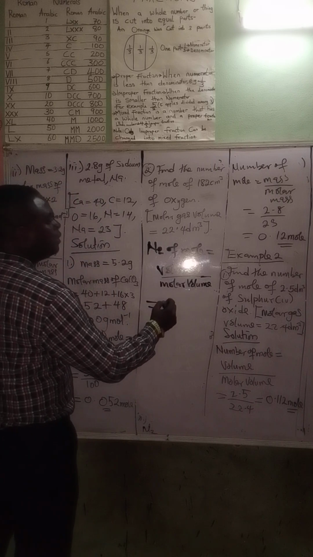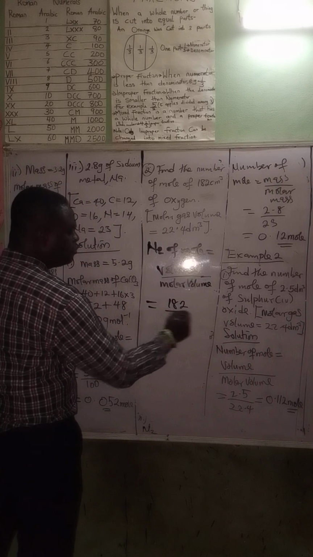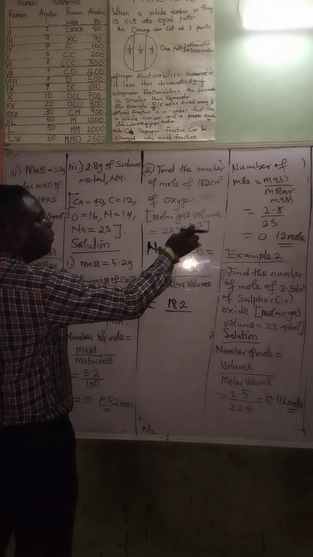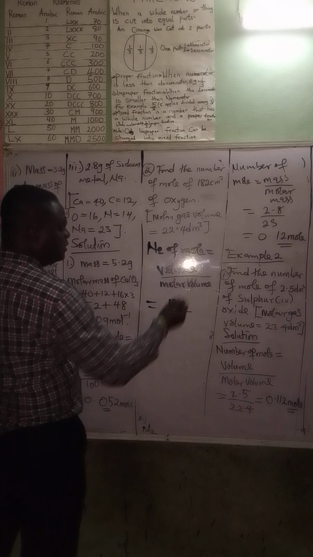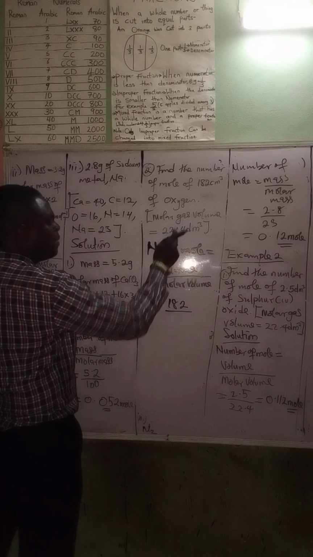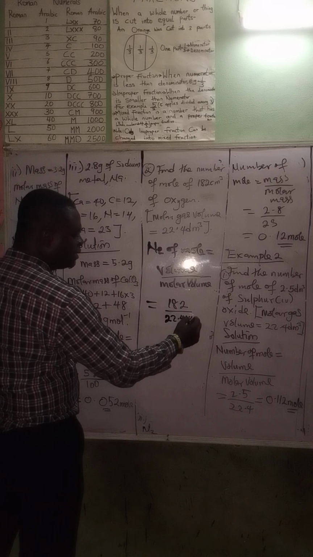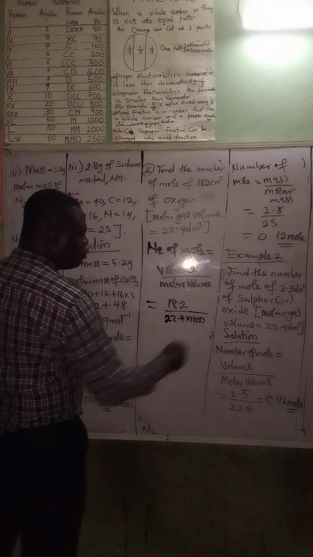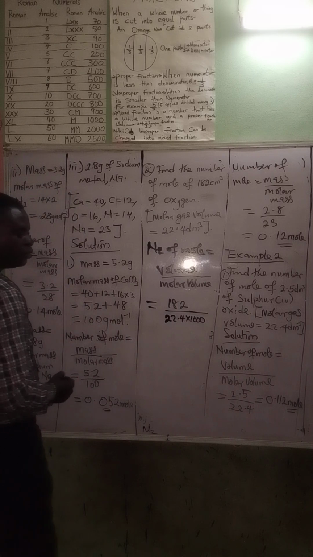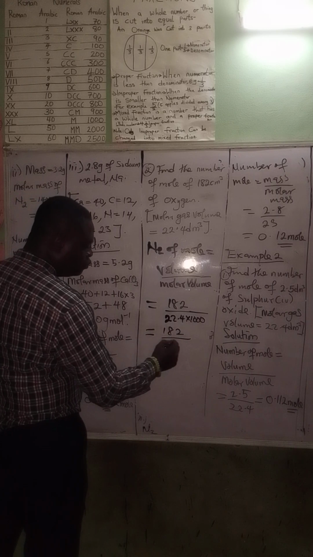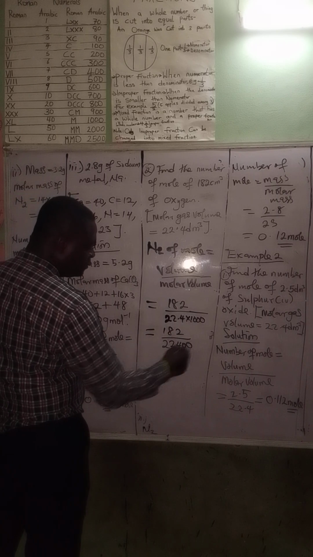What's our volume here? 182 cm³. Although the molar volume given to you is 22.4 dm³, this one must have the same unit as this. You now multiply this one by 1000. You have 22.4 times 1000 to convert to cm³. So we have 182 over 22400.